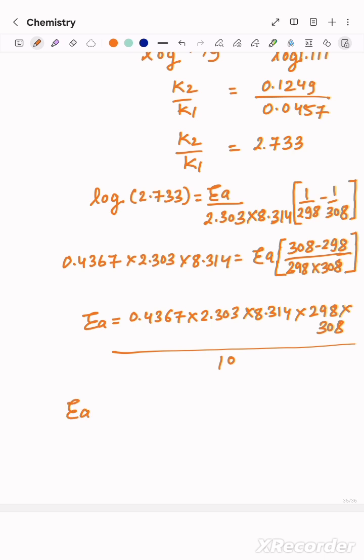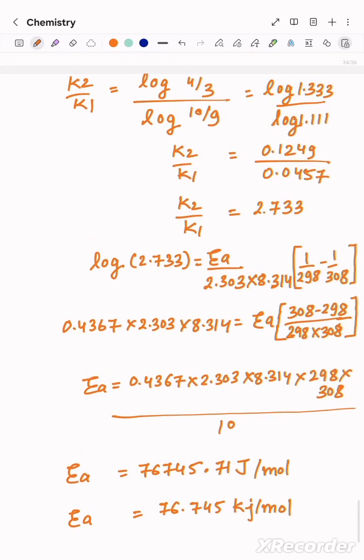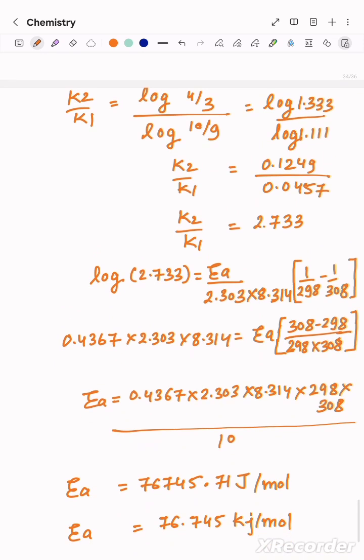So EA becomes equal to 76745.71 joule per mole. So this is how we calculate, or we can write it in kilojoule. So that will become EA is equal to 76.745 kilojoule per mole.